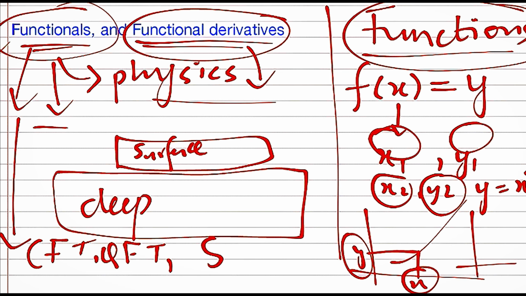Action is a functional, Lagrangian is a function. We will see that as well. Action is a functional, and the stationary nature of action leads us to the Lagrangian equation of motion, and the derivation involves the functional derivative of action.